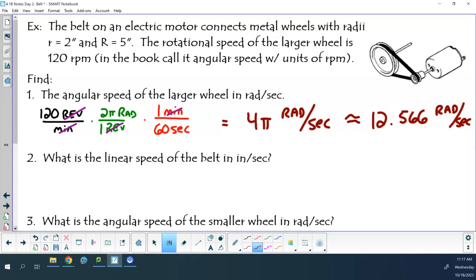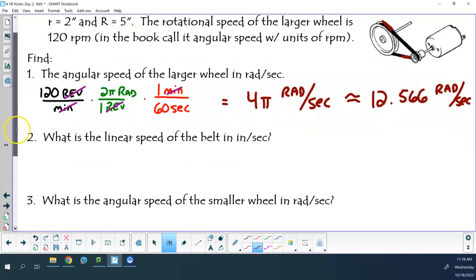Nothing wrong with the other. What is the linear speed of the belt? Well, the belt is going at the same speed on both pulleys, right? Because the belt can't be going faster here than it is down here, because it's all connected. So let's find that linear speed in inches per second.